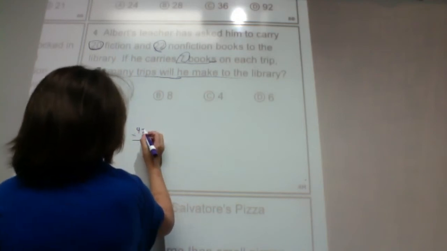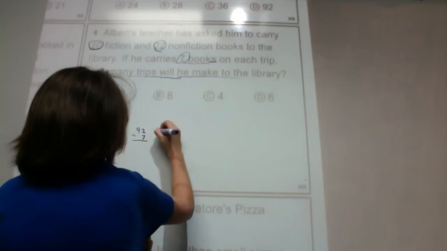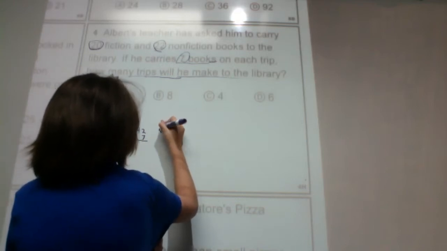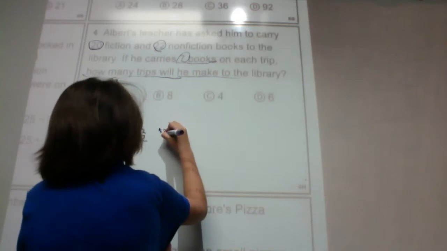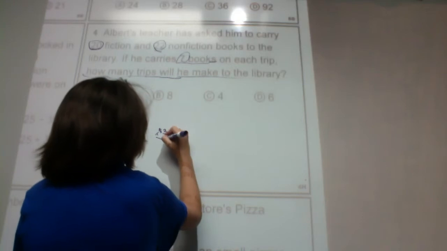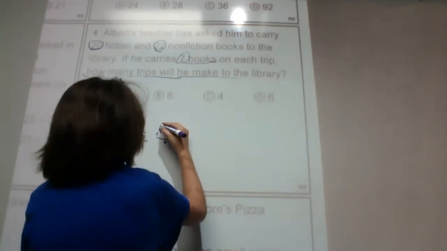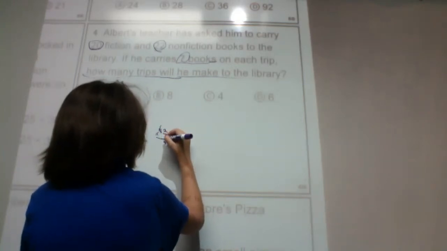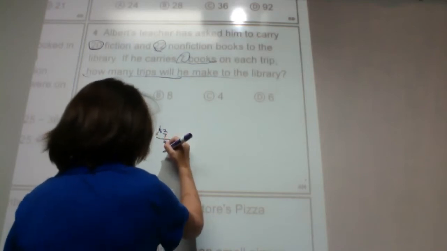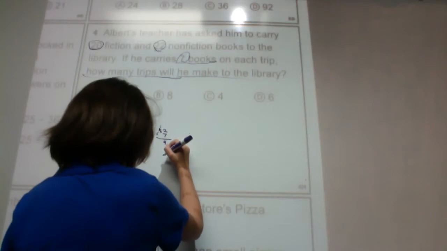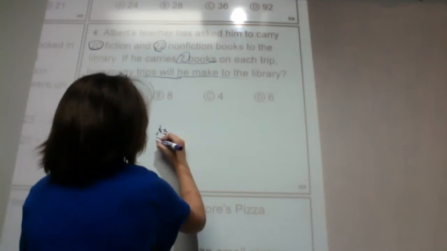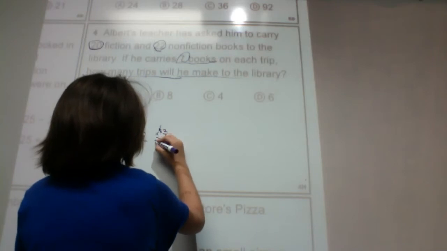What times 7 equals 42? If you didn't work it out yet, you should be working it out so you can see if you get the same thing she does.